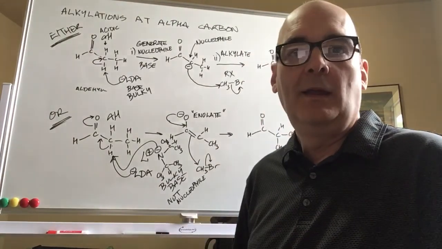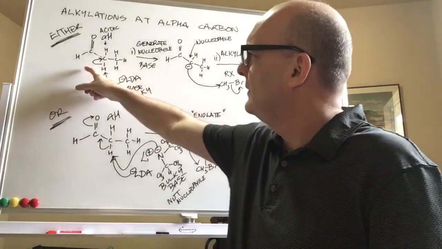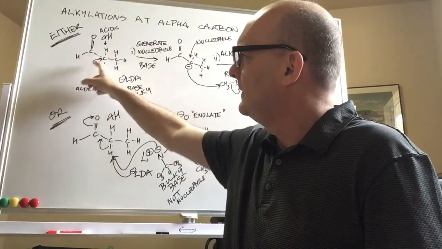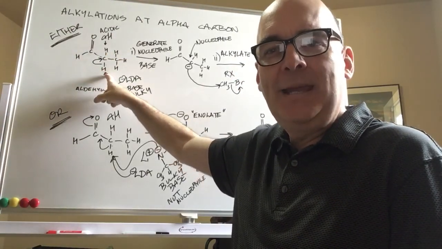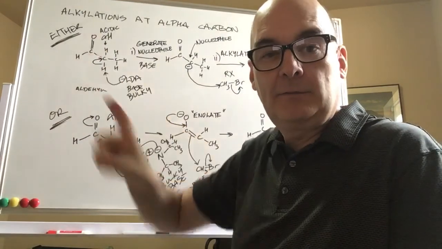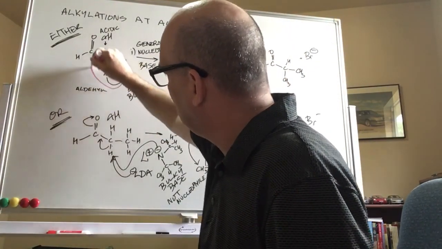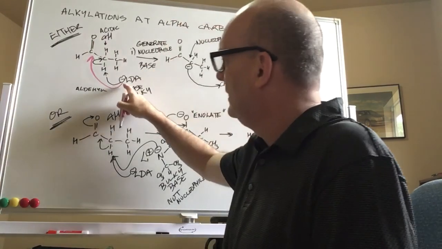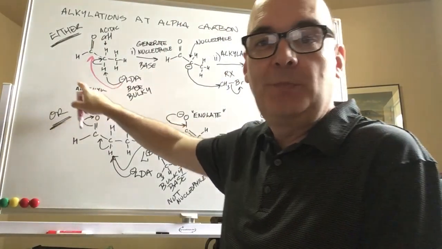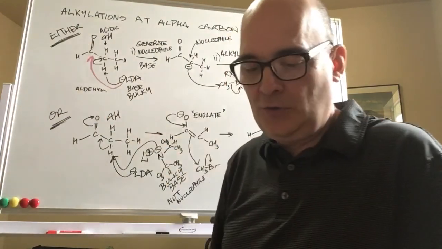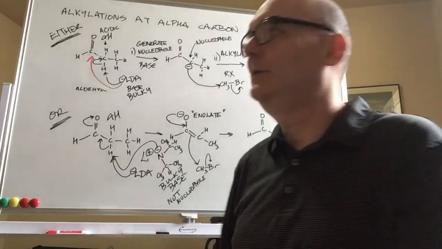Okay. Let's do this again. Let's take a molecule that has an alpha hydrogen, make a nucleophile there, and remember this, I said this just a minute ago. Things with negative charges could be nucleophiles and could attack the carbon. That's what we're going to do now.